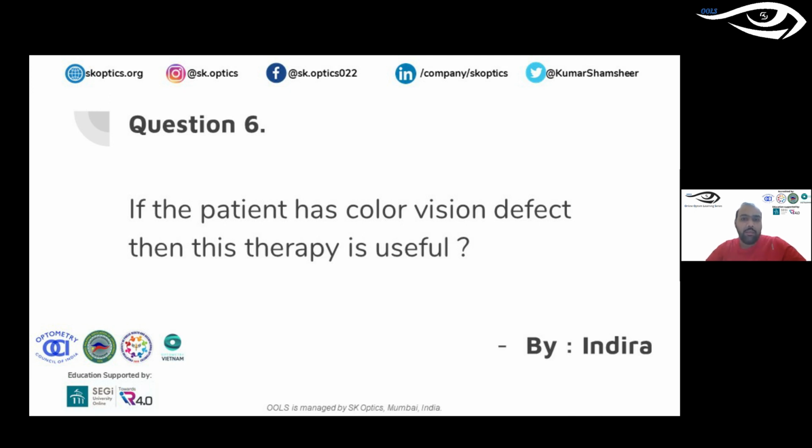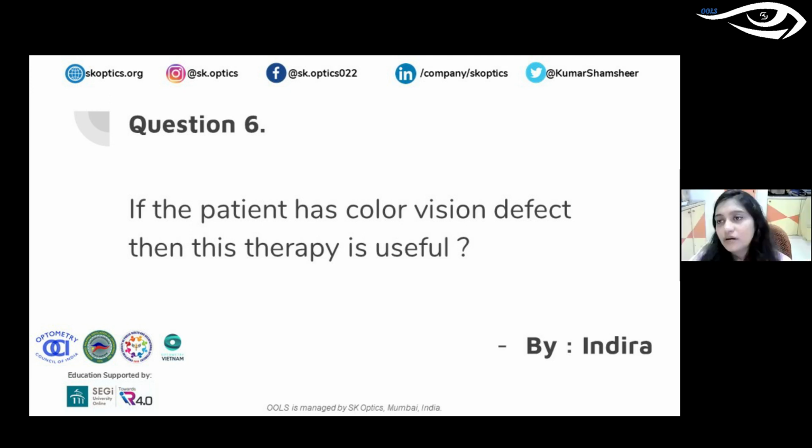The right eye was amblyopic since birth, the left eye has keratoconus. It's a reverse case. The best VA in the amblyopic eye is 6/60, and the best VA in the keratoconic left eye improves till 6/9.